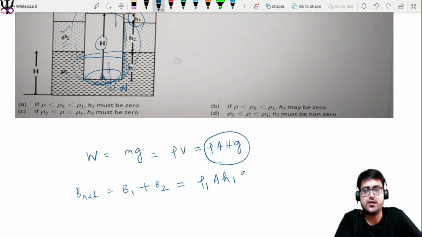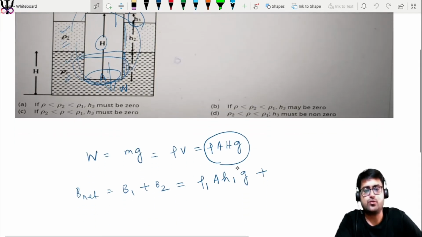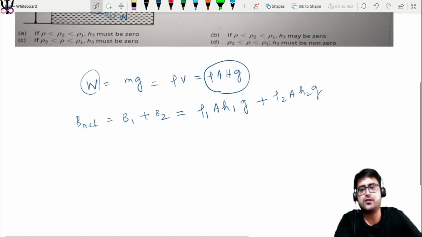That's the mass times gravity. Plus, what is the buoyancy from the second liquid? It's going to be similar: rho 2 A H2 g, right? So all you have to do is balance W with B net.